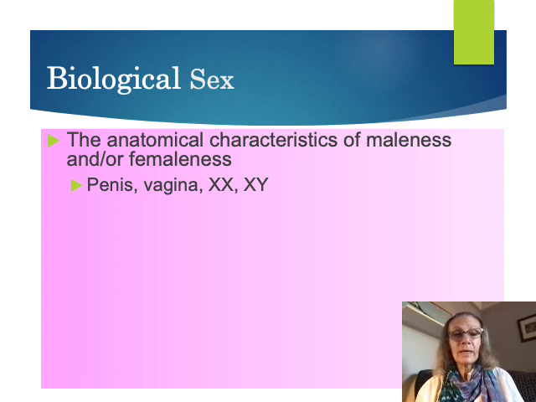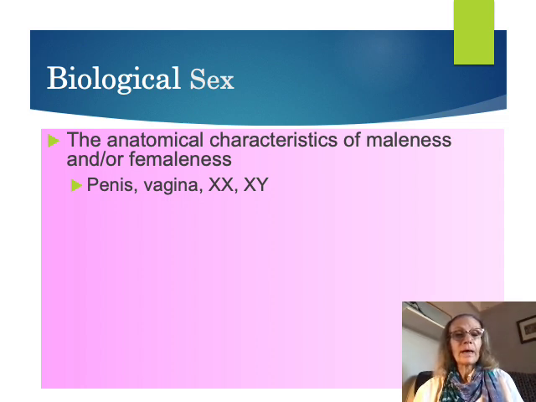Human bodies have penises, they have testicles, they have vaginas, they have ovaries. Human bodies have chromosomes. XX are generally associated with having a vagina and ovaries. XY are generally associated with having a penis and testicles.